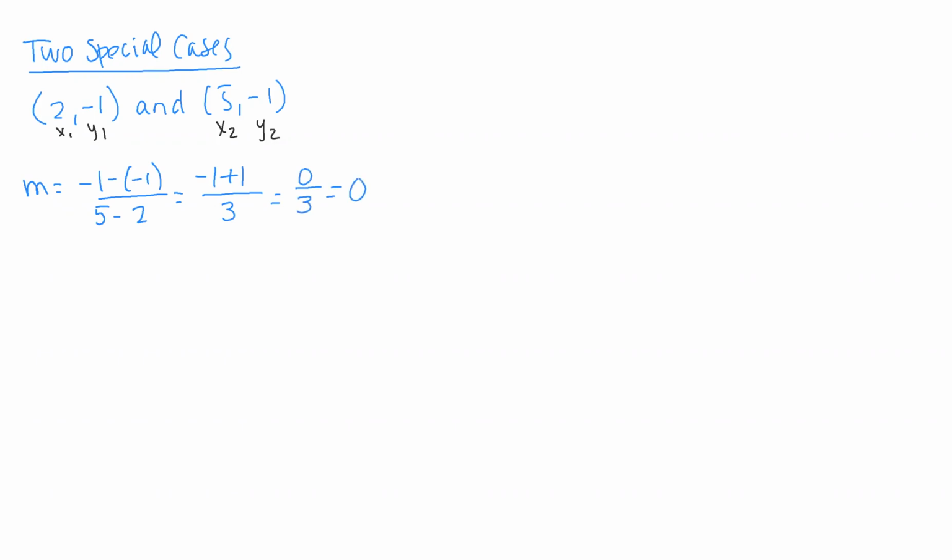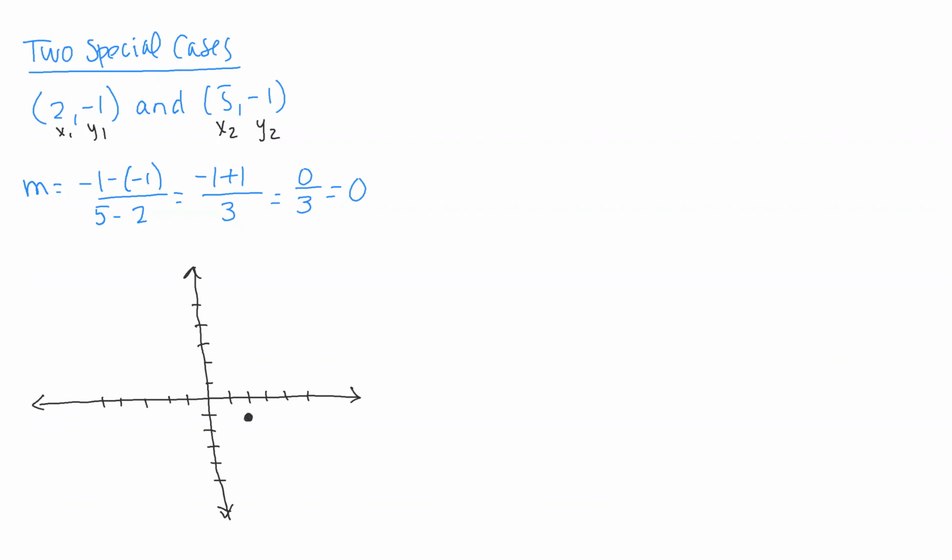So let's look at this graphically. Let's see what's happening here. All right, so we're going to plot the 2 points. At the origin, I'm going to go to the right 2, down 1.